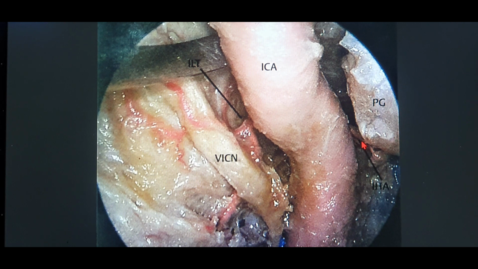That's the meningohypophyseal trunk. If you notice very carefully, the infero-lateral trunk is superior to the meningohypophyseal trunk. Though the name is infero-lateral trunk, it is always superior to the meningohypophyseal trunk and the abducens nerve. Now, to be precise, the distance between the meningohypophyseal trunk and the infero-lateral trunk is on average about 3 to 13 mm. Okay, so you always have to remember this. So that's the third point.